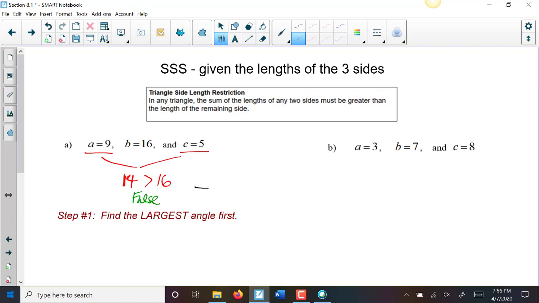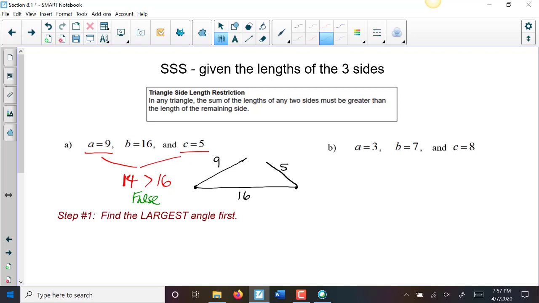Okay, so basically those two sides are not long enough to meet. So if you're a visual person, this is the way I look at it. If this is my side that's 16, and then I have 9 and 5, so this is not drawn to scale, of course. If this is my side that's 9 and this is my side that's 5, then they're not going to be long enough to come together.